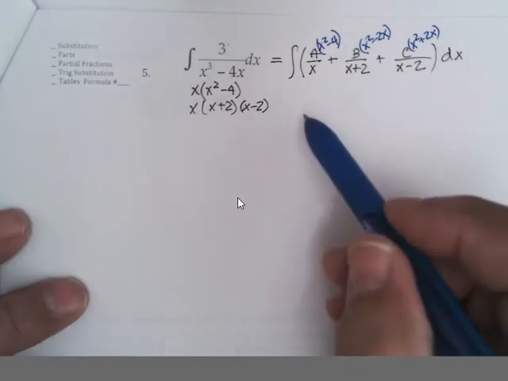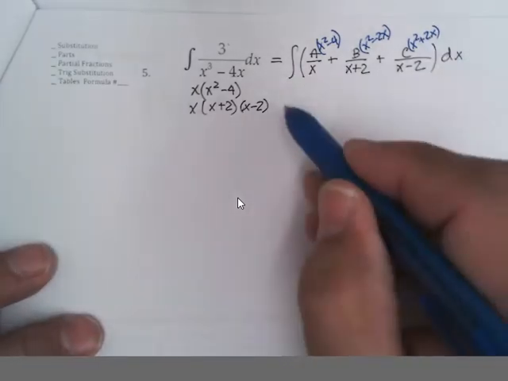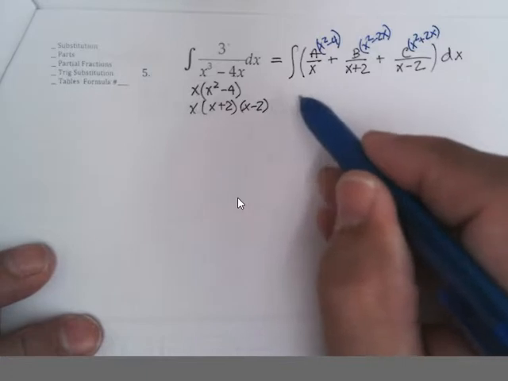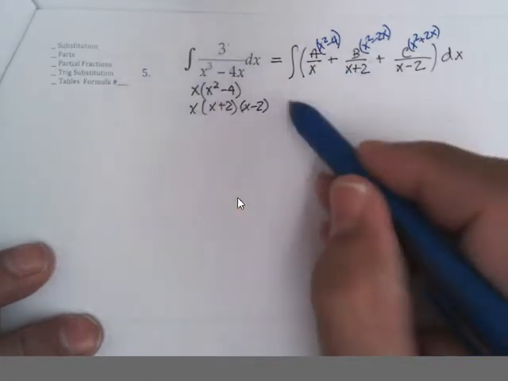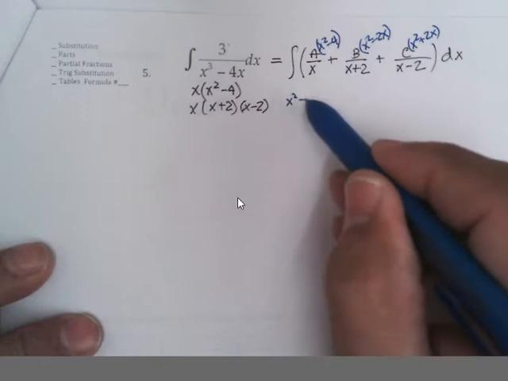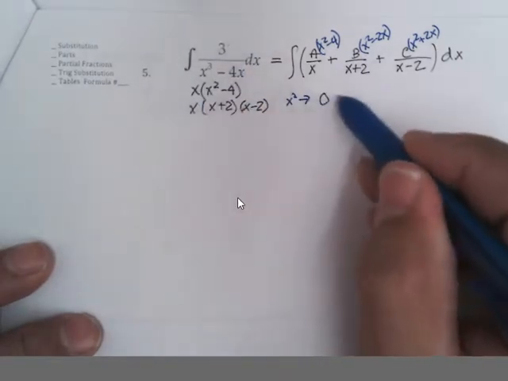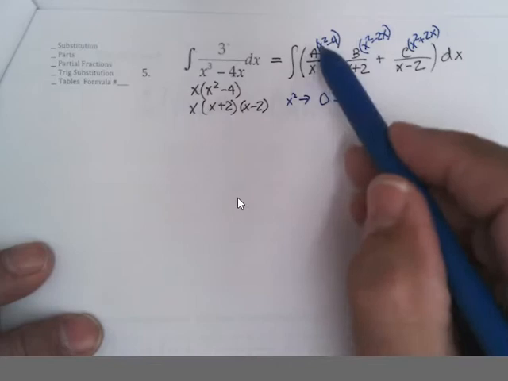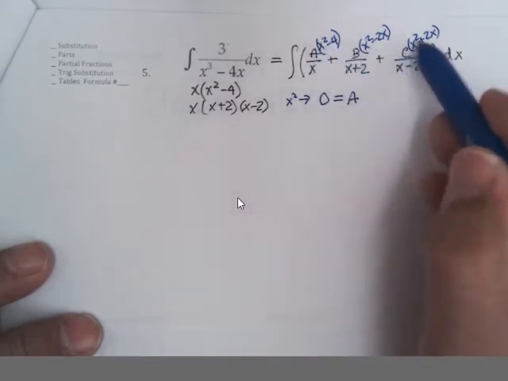Now there's lots of different ways of doing this solution. I chose, not the way the book does them, is to just say, okay, look at the x squareds. It's got to be identically equal. There's no x squareds in the numerator here, so 0 has to equal. We've got ax squareds, bx squareds, and cx squareds.